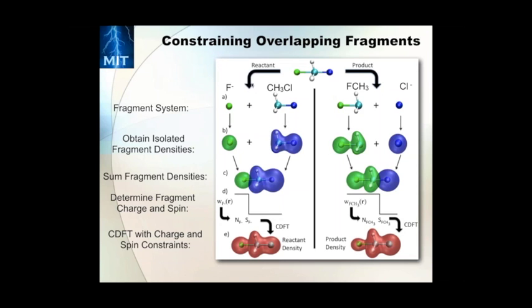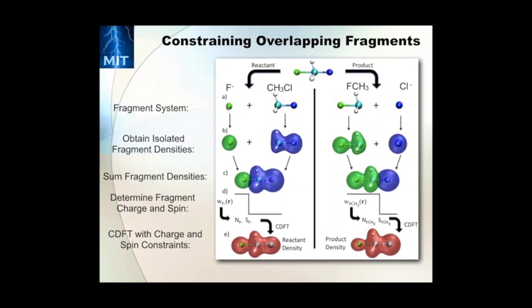So here's a simple reaction. It's the SN2 reaction between fluoride ion and methylene chloride to make methylene fluoride and Cl-. And so the way that we do this to deal with these overlapping fragments, because here at the transition state, clearly this doesn't really look like reactants or products, so it's not clear how we just decide whether this thing is negatively charged, or this thing is negatively charged.